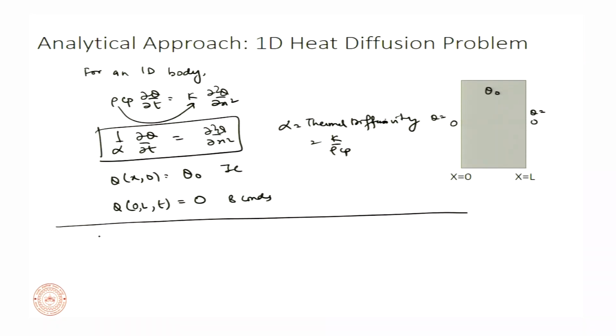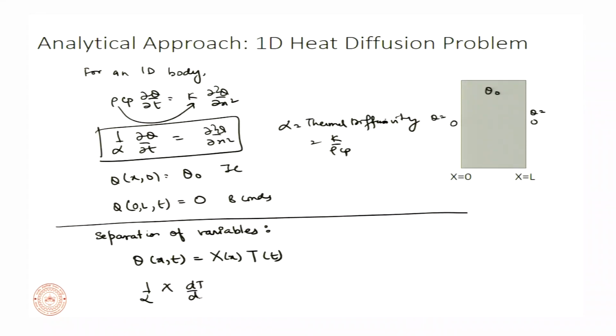So, the method that we are using is called separation of variables. In separation of variables, we take theta, which is a function of x and t, and we split it into two functions. One is capital X, which is just a function of x, and capital T, which is just a function of t. If you substitute this theta into our governing equation, then you will see that it is 1 by alpha del theta by del t; X is not differentiated, so X comes out, and you will have dT by dt.